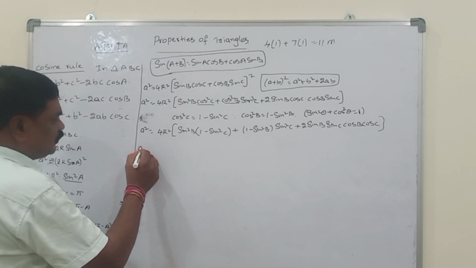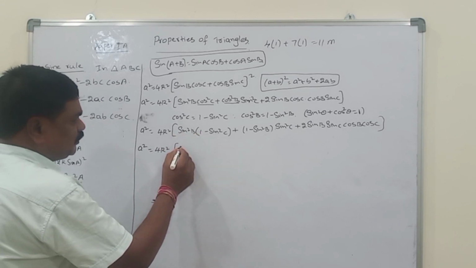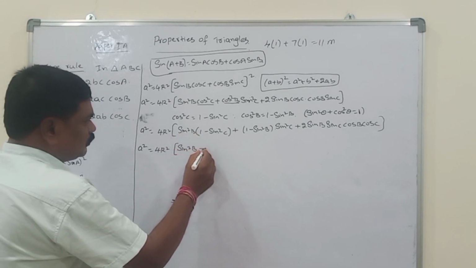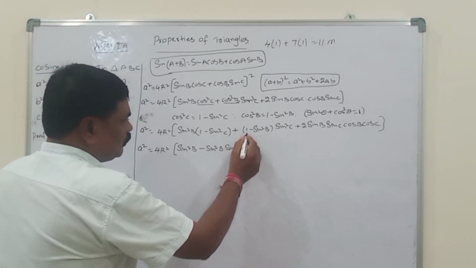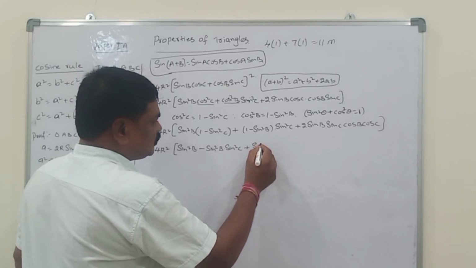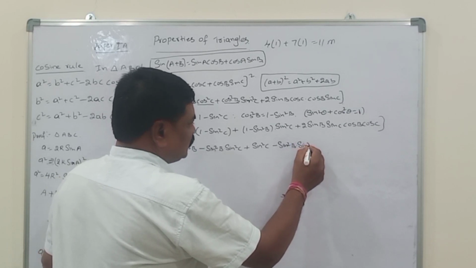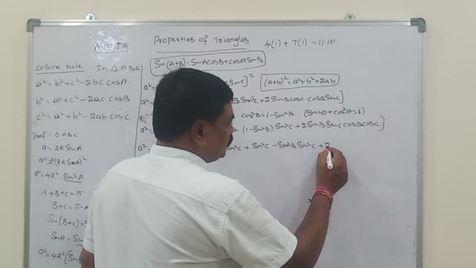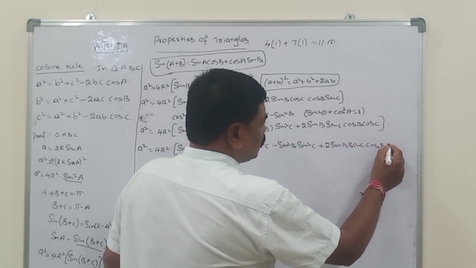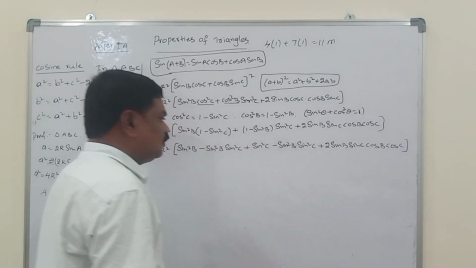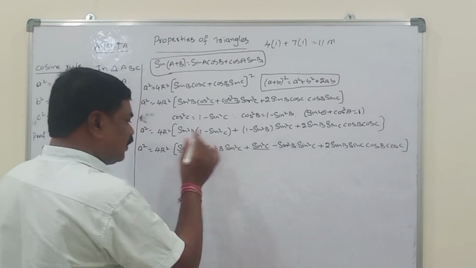So a square is equal to 4R square into sin square B minus sin square B into sin square C, plus sin square C minus sin square B into sin square C, plus 2 sin B sin C cos B cos C. From this, you write the sin square B and sin square C together.